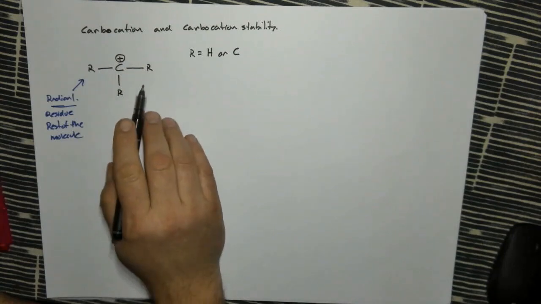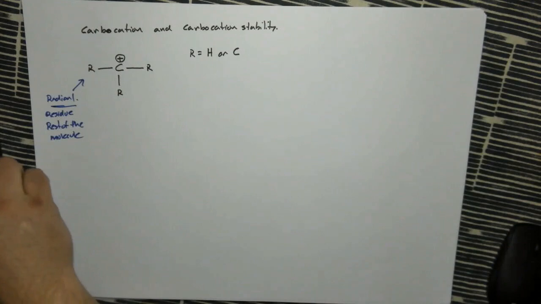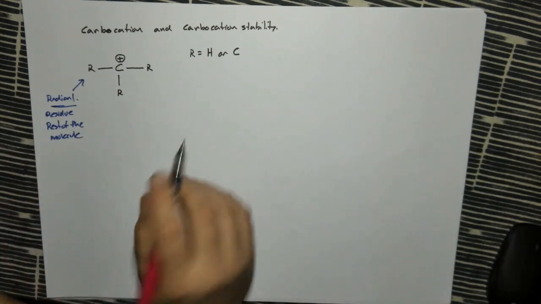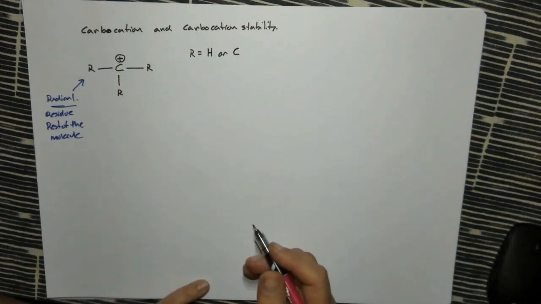So that might be a nitrogen or a sulfur or an oxygen, but then you're supposed to include that. You do not write R if it starts with an oxygen, for example.